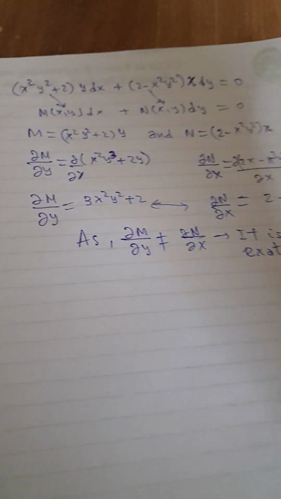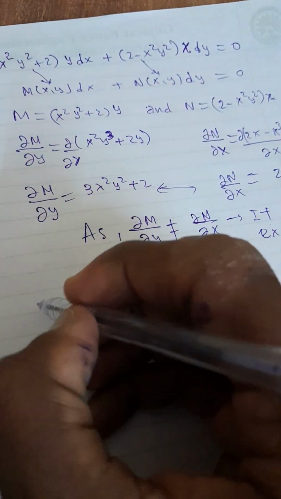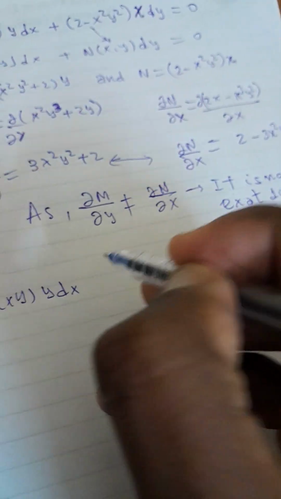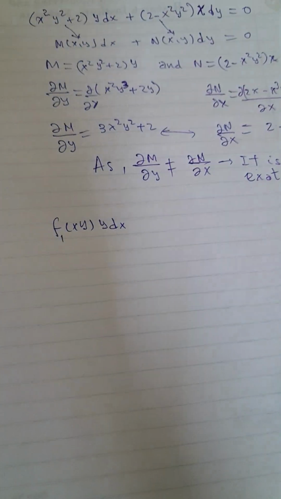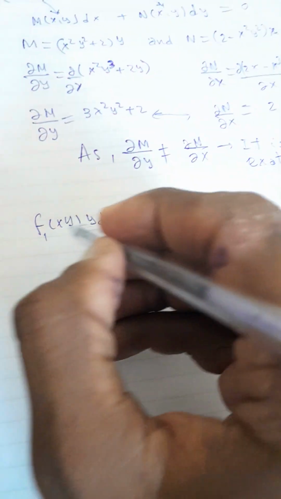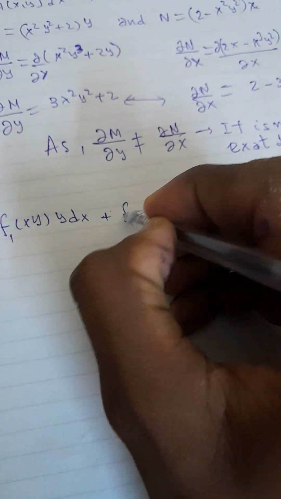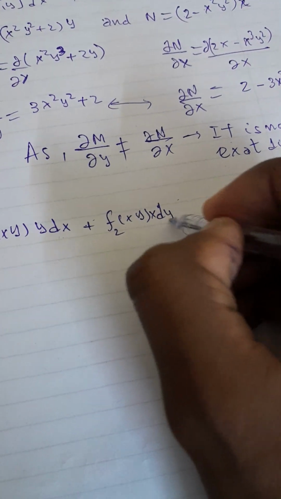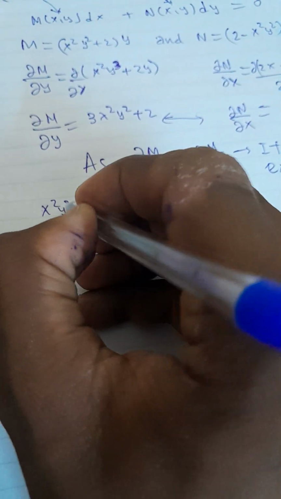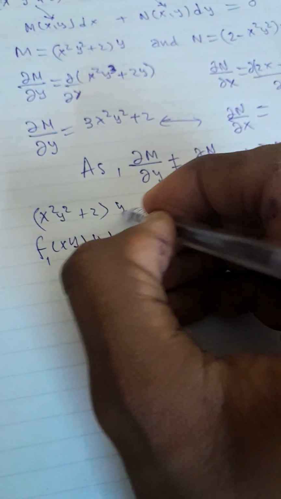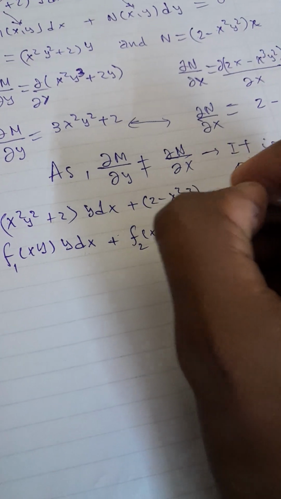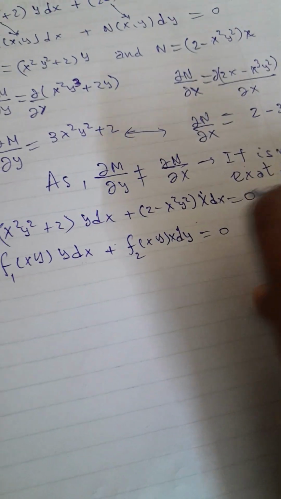So now we have to see, is this function in the form y f(xy) dx plus x f(xy) dy equal to 0? It is (x squared y squared plus 2) y dx plus (2 minus x squared y squared) x dy equal to 0.